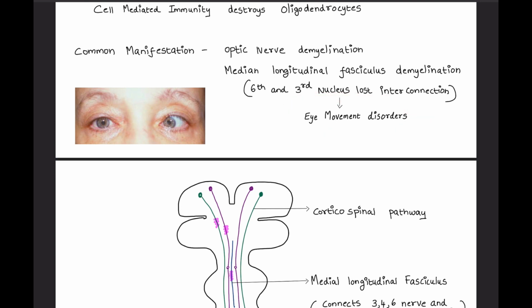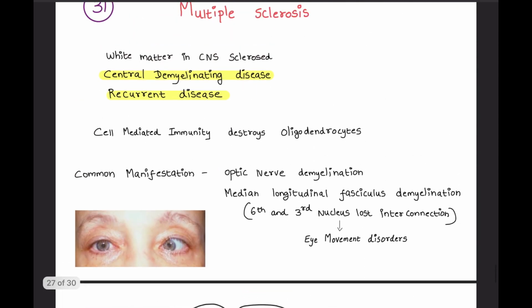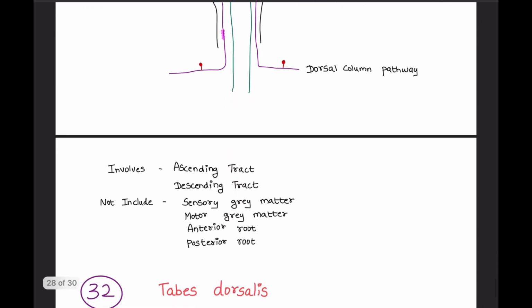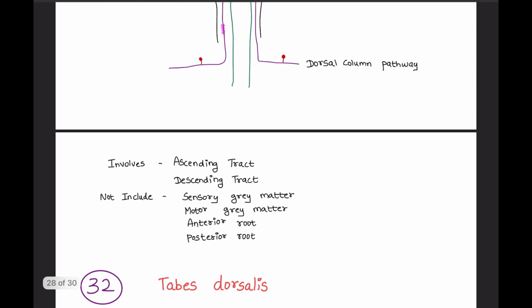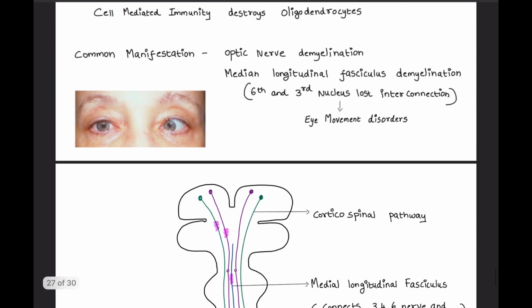You can see in this picture there is an eye movement disorder between the right and the left eyes, and multiple sclerosis involves both the ascending and descending tracts, but it will not include sensory gray matter, motor gray matter, anterior root or posterior root, because the degeneration is seen only in the white matter.